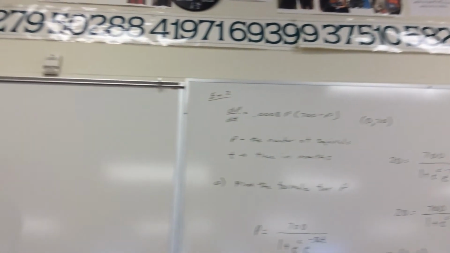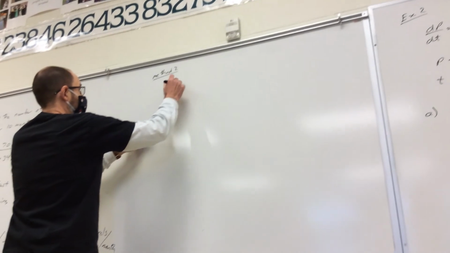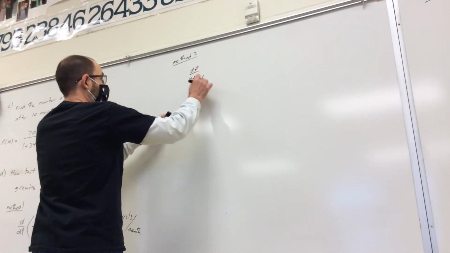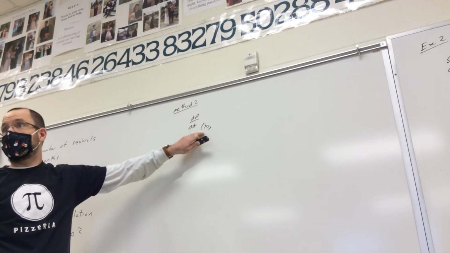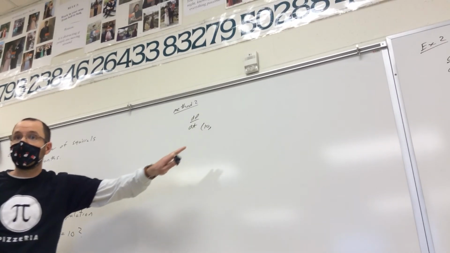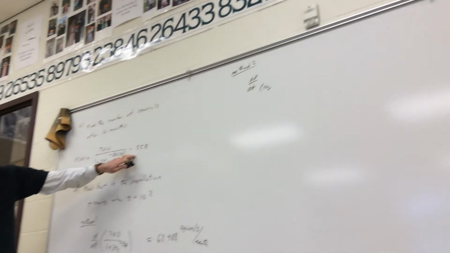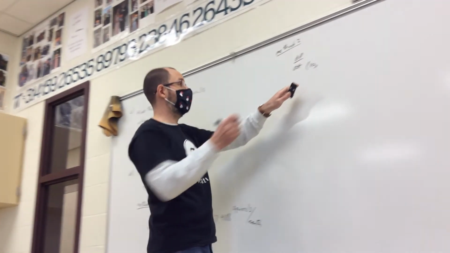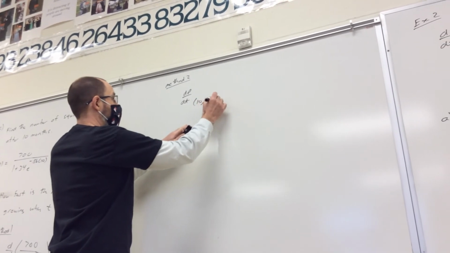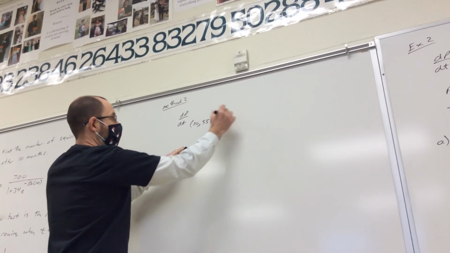All right, so we're going to do dP/dt at 10. But what is the P at 10? 558. That's why we figured out part C here. So it's the point 10, 558 that we're plugging into the derivative.